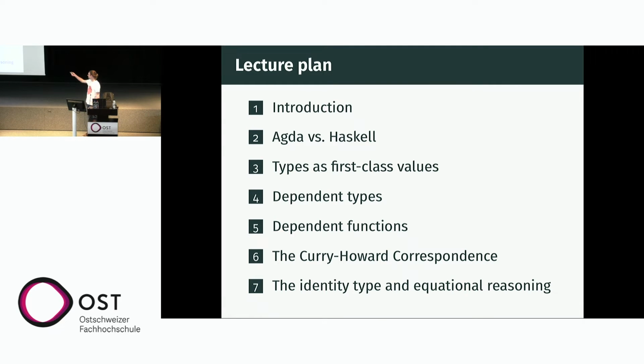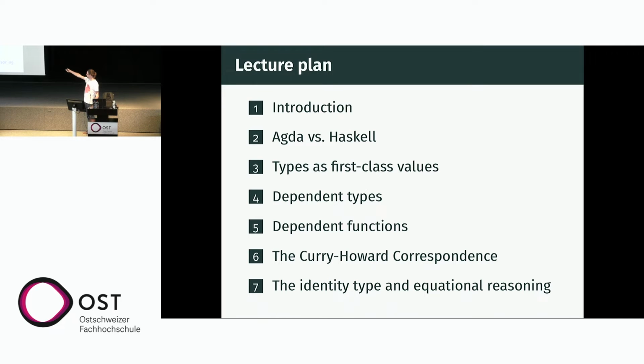Then there's a part about, assuming you already know a bit of Haskell, what the main differences are, both on a syntactic level and on a more theoretical level, between Agda and Haskell. I'll talk about what it means to have types as first-class values in Agda. I think this is a really crucial difference between Agda and Haskell: in Agda there's not a separate type level or term level. So we'll look into what that means.